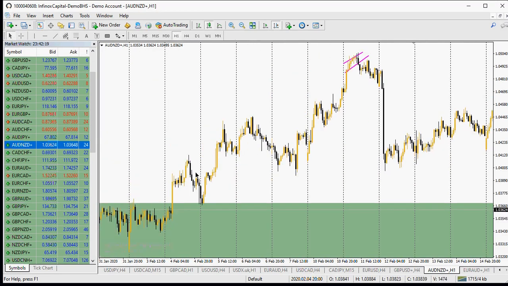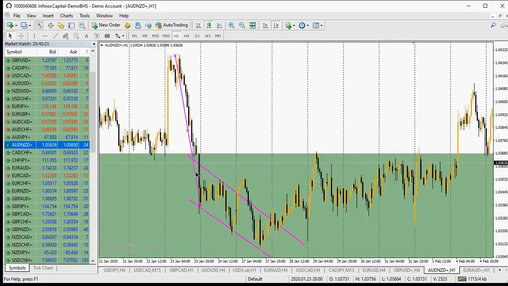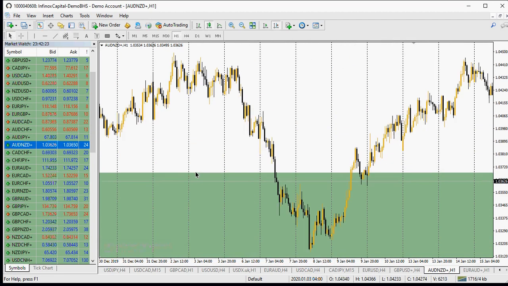So let me see more examples. There are lots of examples here. Look here, beautiful example. Can you see this one? This is a bearish descending wedge. Coming down, when it got to this place, it started going down in a sideways direction.